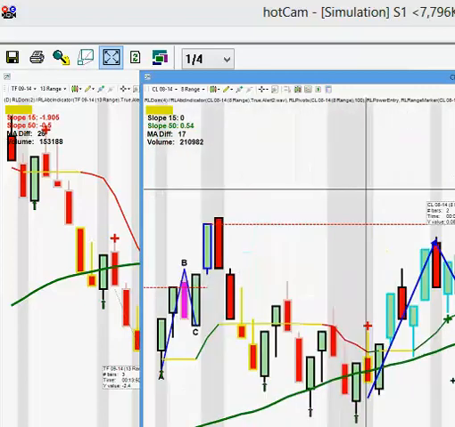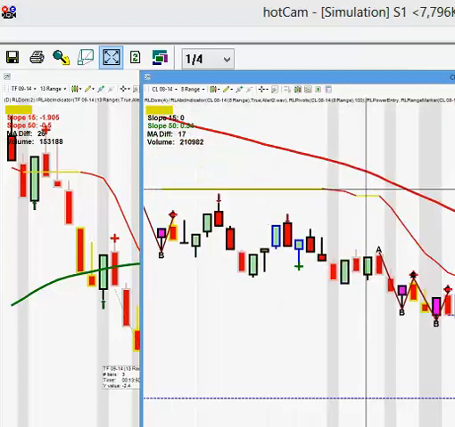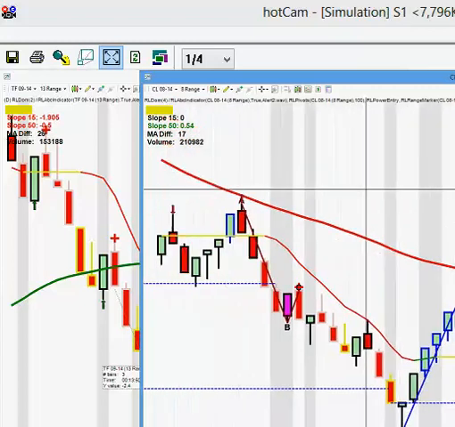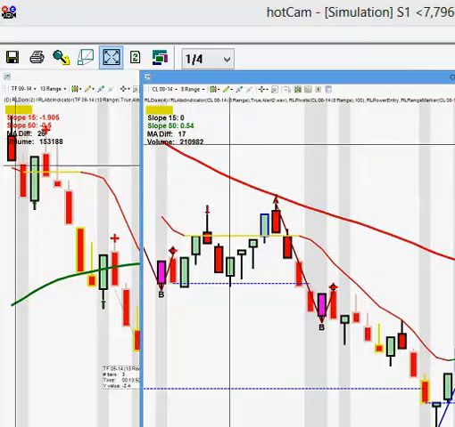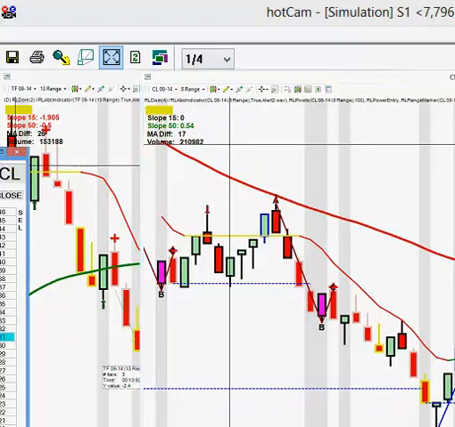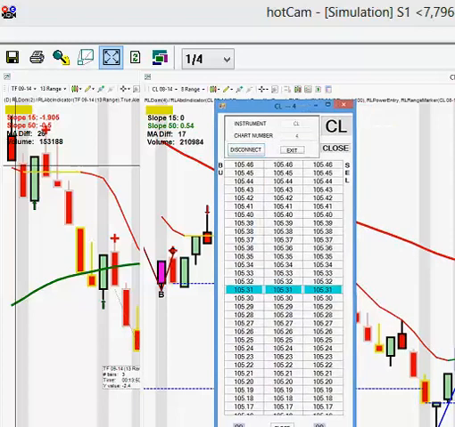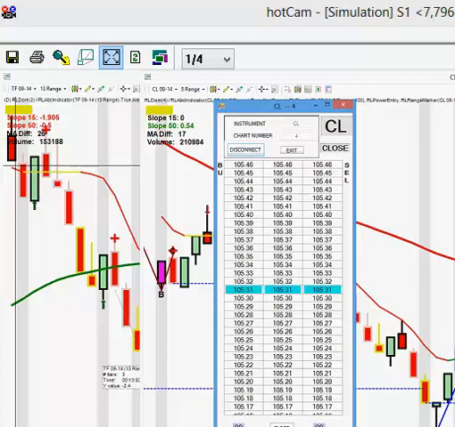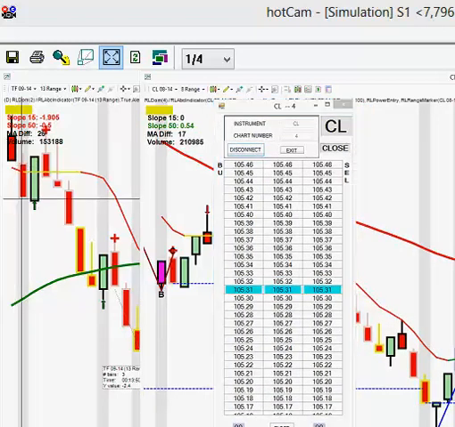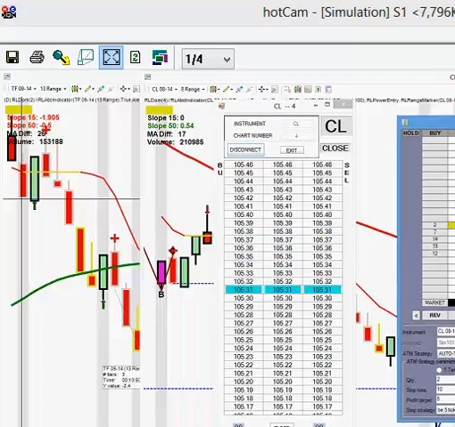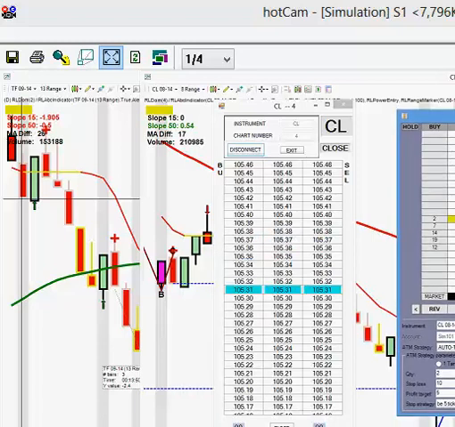Okay, the system just came on. Now, here is the Rightline Superdome, and here is your Superdome. Let's say that I call a trade in the room.